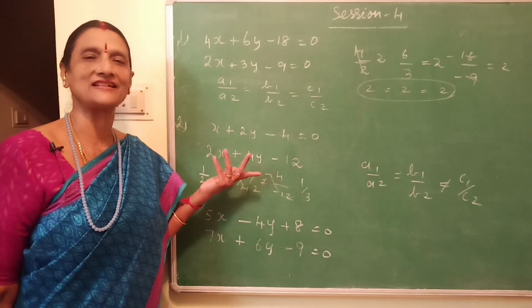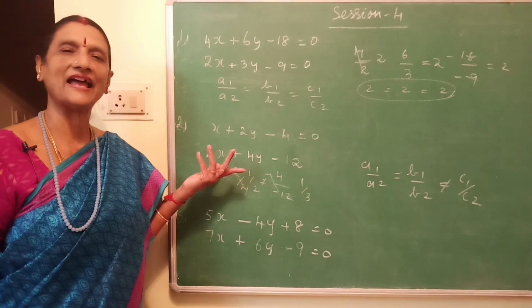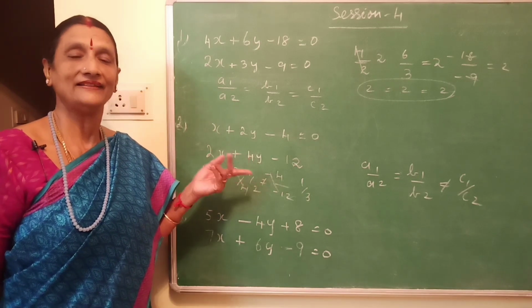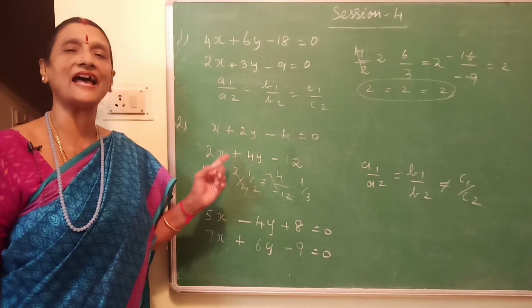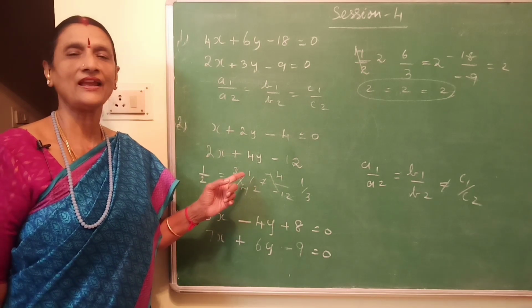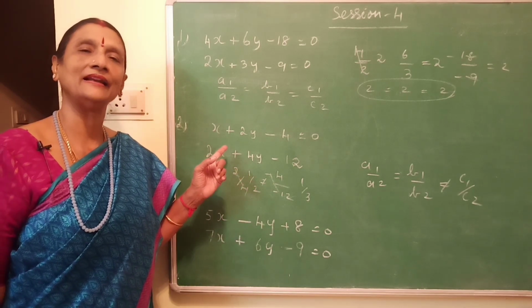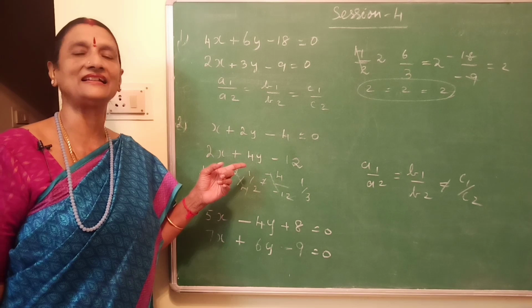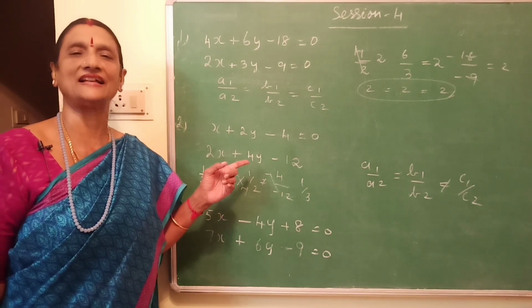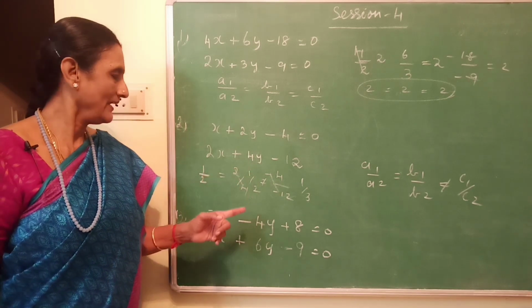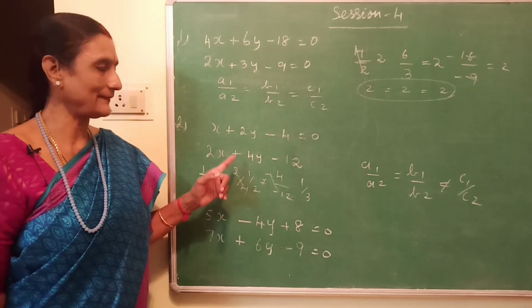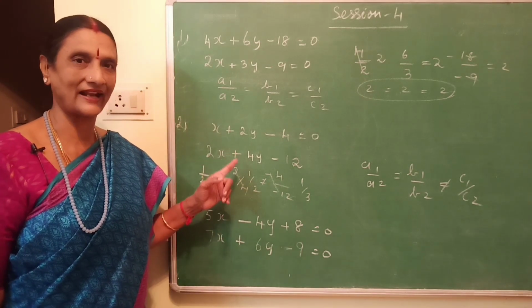They won't intersect. That means they will not have any solution. Therefore, the equations will not have solutions. So the nature of the equations is inconsistent. We can say they are not consistent. Now how do we represent it? I will show you in the graph.